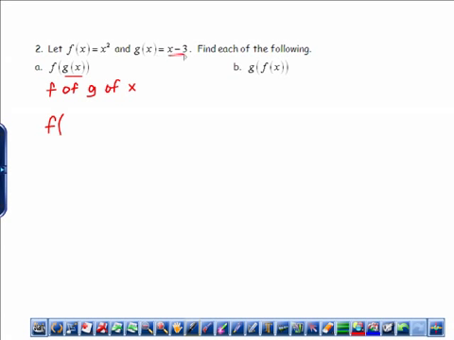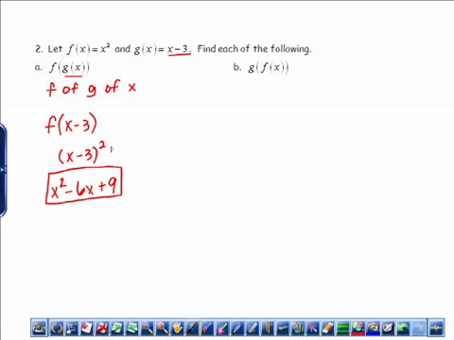So instead of g of x, I'm going to write what g of x is equal to, x minus 3. Don't try to do this all at one time. That's how people get confused. So now I'm trying to find f of x minus 3. Instead of x squared, I'm going to have x minus 3 squared, which simplified is x squared minus 6x plus 9. And if you need to write that out twice and FOIL it, be my guest.